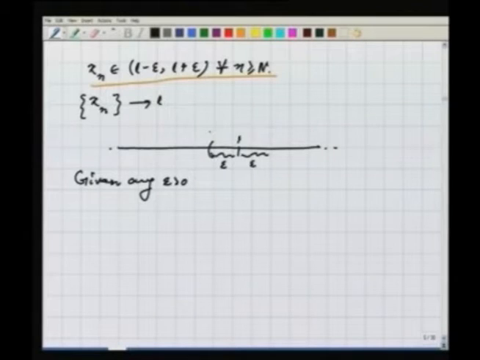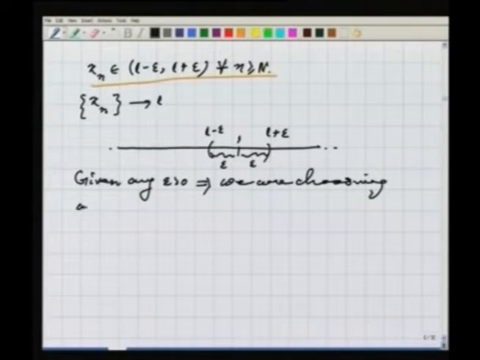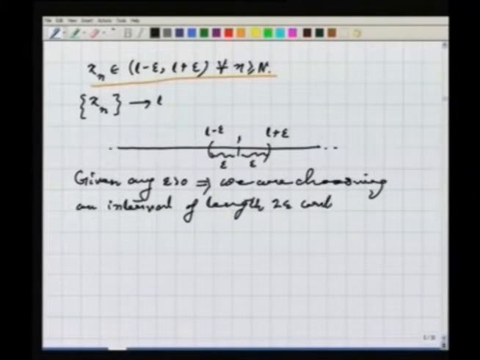Then this point is L minus epsilon and this point is L plus epsilon. So, given any epsilon bigger than 0, we are choosing an interval of length 2 epsilon with L as the midpoint.